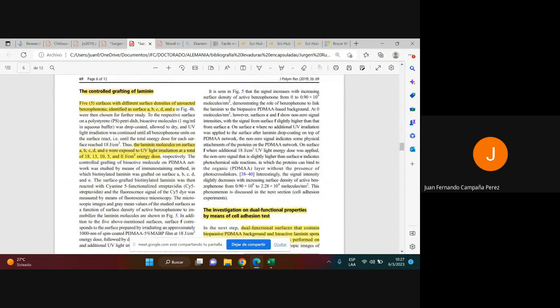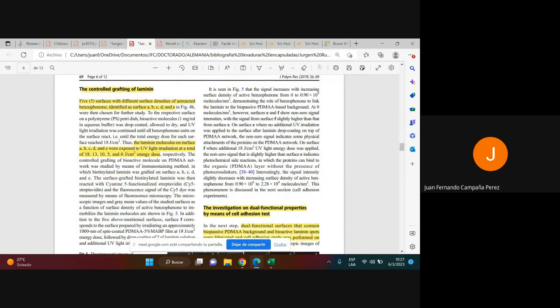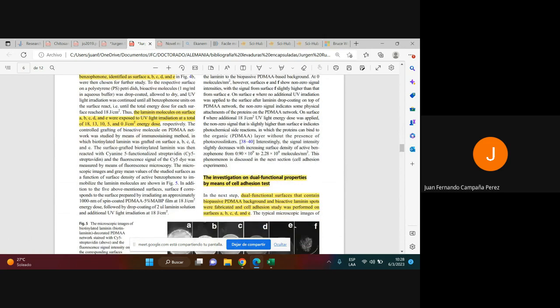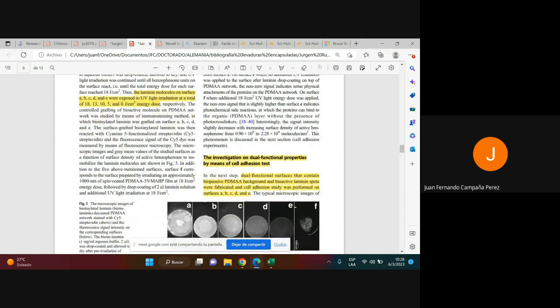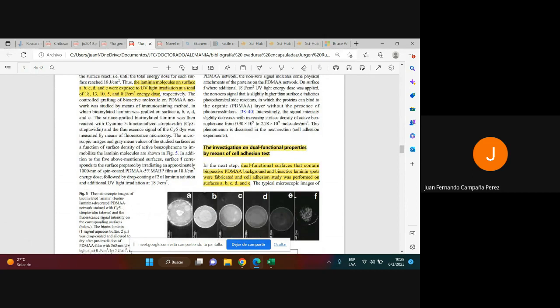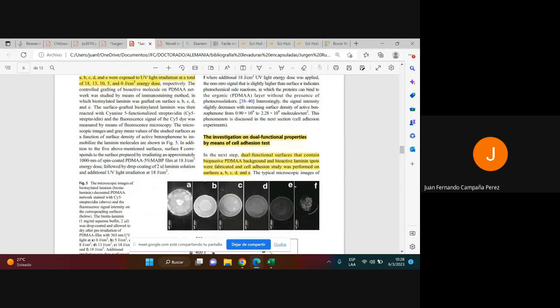For the controlled grafting of laminin, they use 5 surfaces with different surface densities of unreacted benzophenone, identified as A, B, C, D, and E. The laminin molecules on the surface were exposed to UV irradiation using 3 different energy doses.